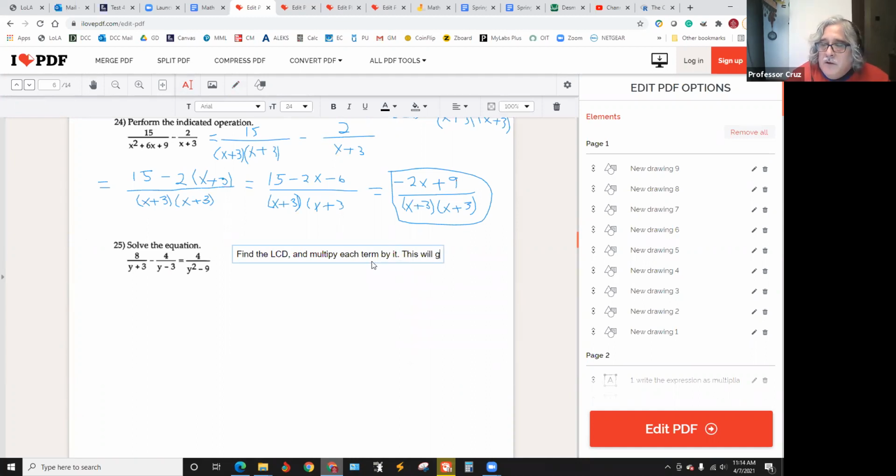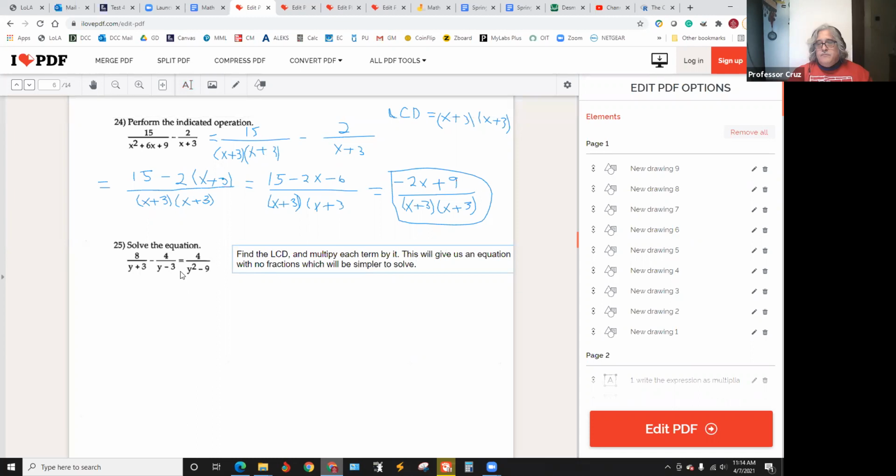This will give us an equation with no fractions. All right. So if need be, you can go ahead and factor.